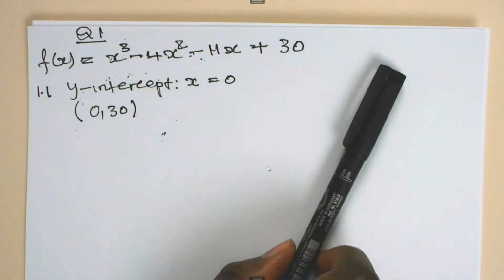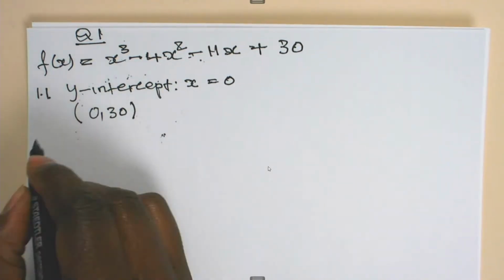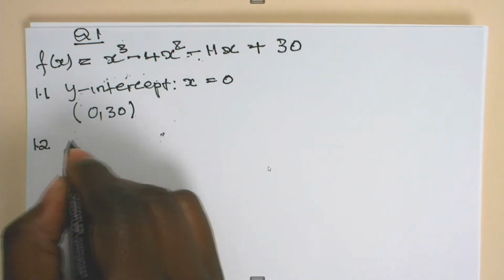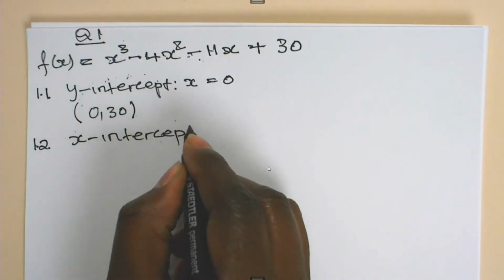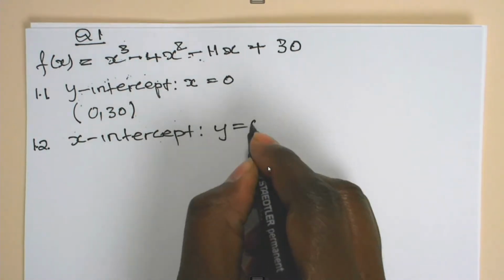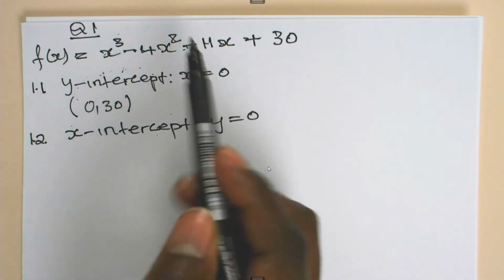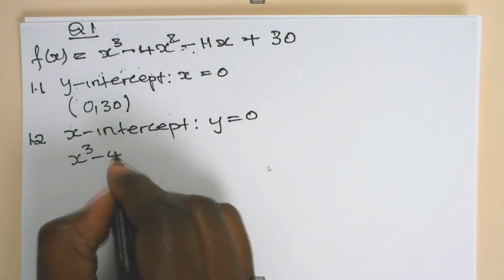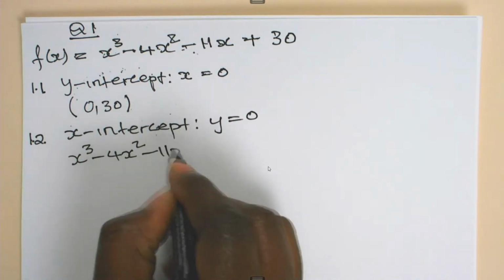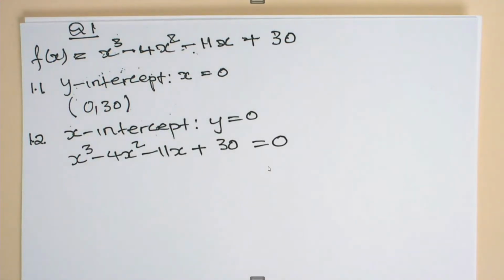And then from there, 1.2, we are required to calculate the x-intercept of the graph. Calculating the x-intercept, we know that for the x-intercept, we let y be 0. And then from there, we need to check first if this can be factorized. We have x cubed minus 4x squared minus 11x plus 30, and we equate everything to 0.